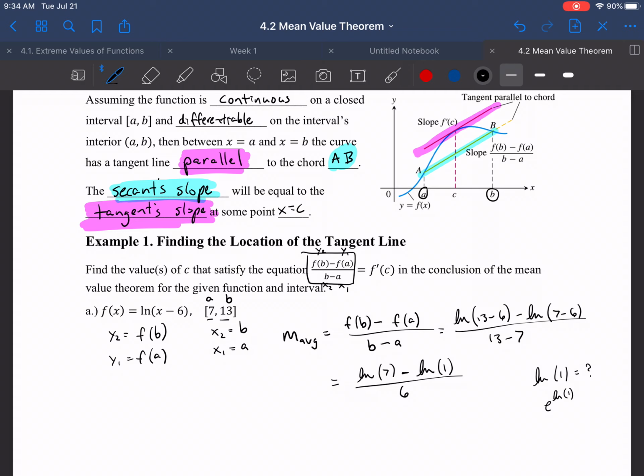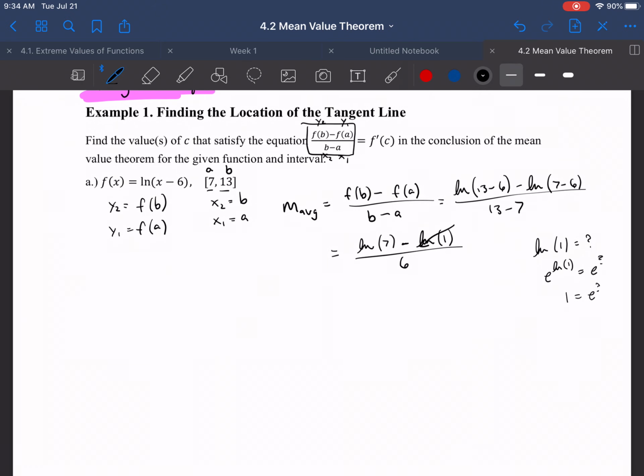So e to the natural log of 1 equals e to the question mark. e to the natural log of 1 is just 1, and so we have e to the what equals 1, and again, it's got to be 0. So this is just a 0, that's gone. All right, so what we end up with is the average slope is just the natural log of 7 over 6.